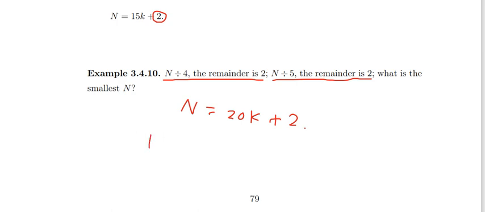The smallest k could be 0, but 0 does not work: 2 divided by 4, the remainder is 2, which makes no sense here. So we just pick k equals 1. So n equals 22. 22 divided by 4, remainder 2. 22 divided by 5, remainder is also 2.